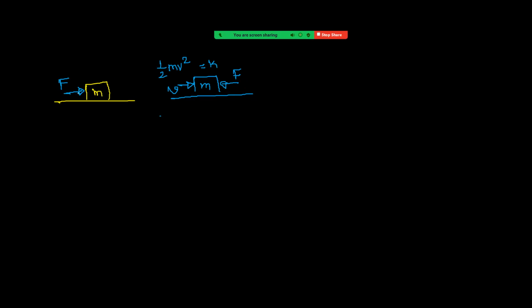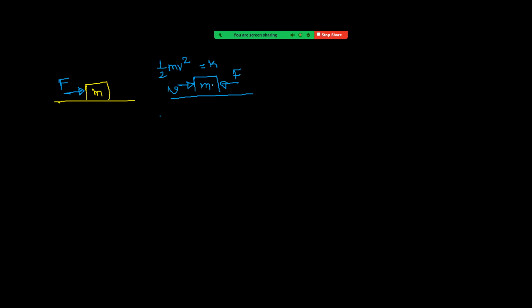In the first case, because of the force, the body gained kinetic energy, so the work done by that force on the block is positive. But in this case, because of this force, its speed keeps on decreasing, meaning its kinetic energy is decreasing. Then we say that the work done by that force on the block is negative.